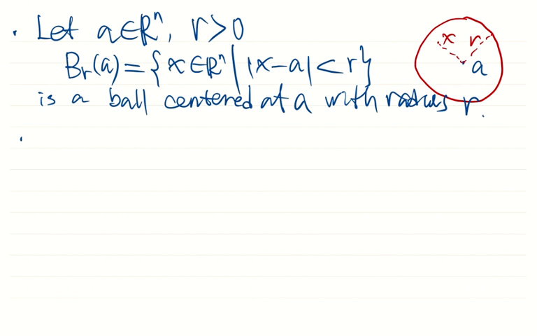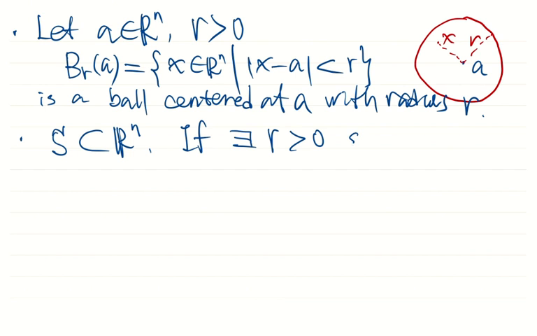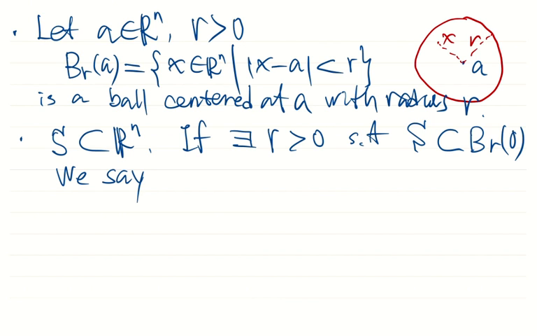Another class of subset is called bounded subset. Suppose S is a subset of Rn. If there exists a positive R such that S is contained in this ball, centered at the origin, also with radius R, then we say that S is a bounded subset.